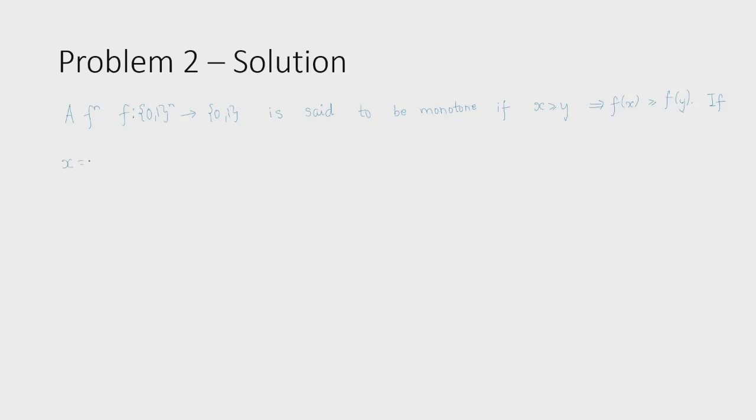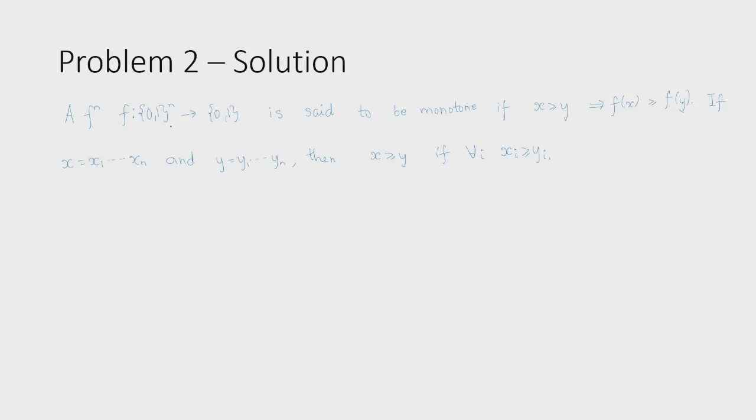If x equals x1 to xn and y equals y1 to yn, then x is greater than or equal to y if for all i, xi is greater than or equal to yi.